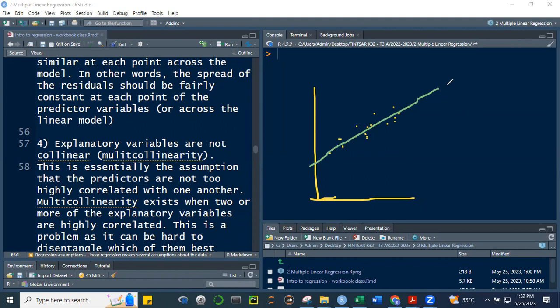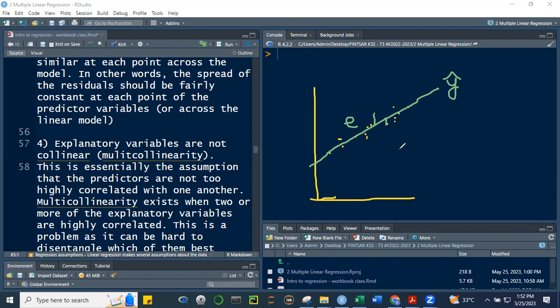This is our actual. The difference between the actual and this predicted value is your residual, E. So there are big E's, and there are small E's, depending.